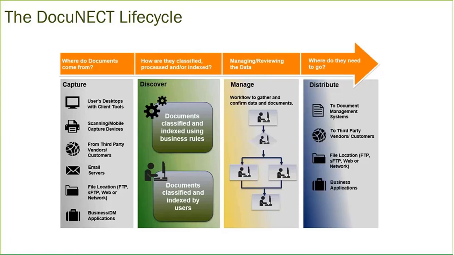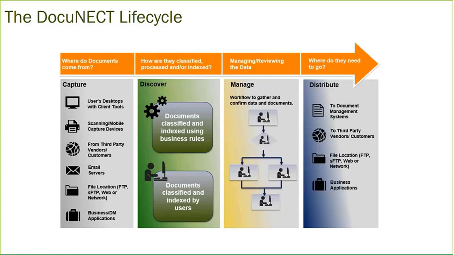The discovery is really a new module, and it extends the capabilities that are already there and allows you to visualize and automate the classification of documents, to adjust and review that, and the same with the indexing. The automated indexing can be reviewed and changed, and that goes straight into a workflow now.